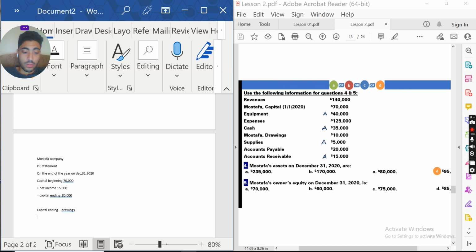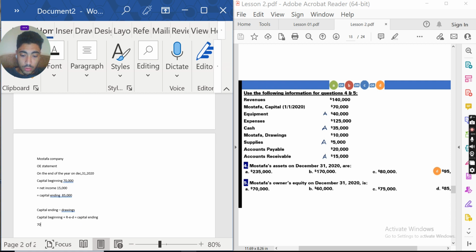It's called capital beginning plus or minus E minus D equal capital ending. Okay, let's try to put it into action, please.